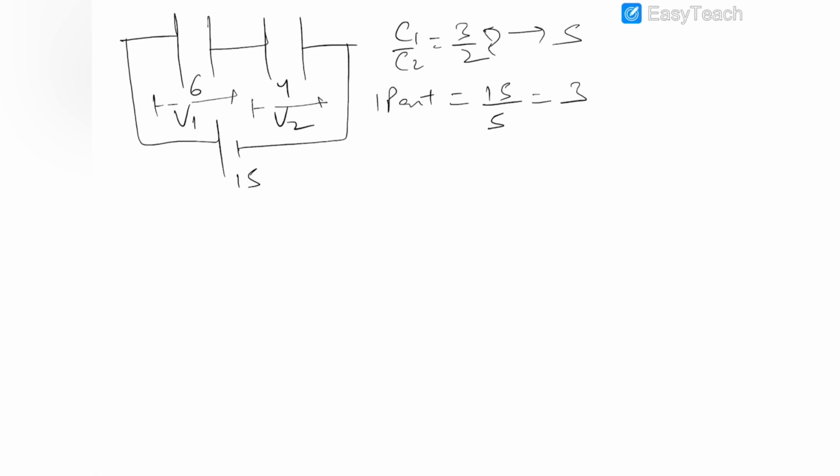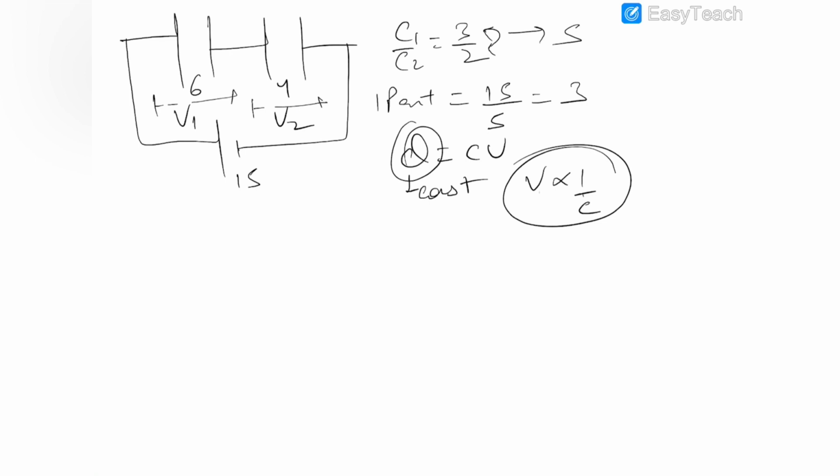Now I can say that in series combination Q is equal to CV, and Q is constant in series. So V is inversely proportional to C. So the value of voltage on the first one will be in the reverse ratio of these two.